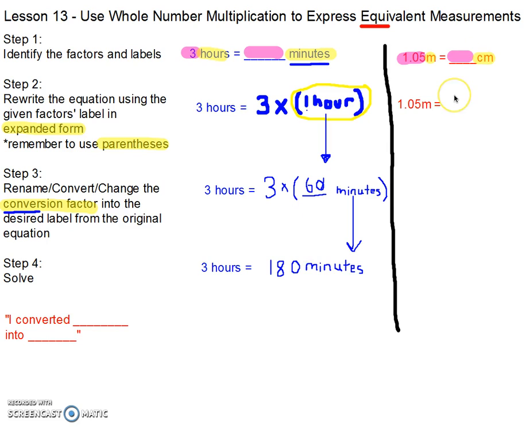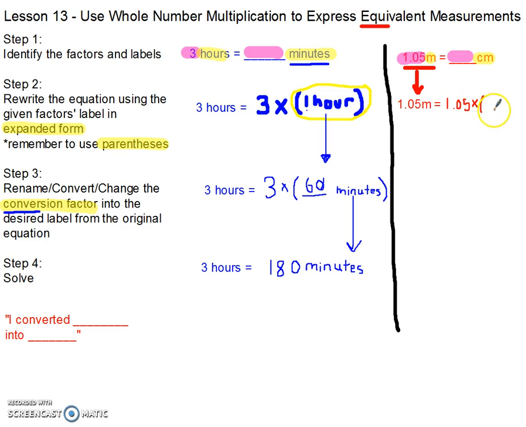Step 2 is we want to rewrite the equation using the given factors label. Our given factor here is 1 5/100 of a meter, so I would just drop that down. And then I want to write this in expanded form. So I would take out the number 1 5/100, and I know that anytime two things are next to each other like this without another operation, that is multiplication.